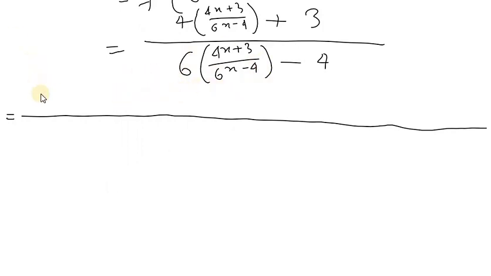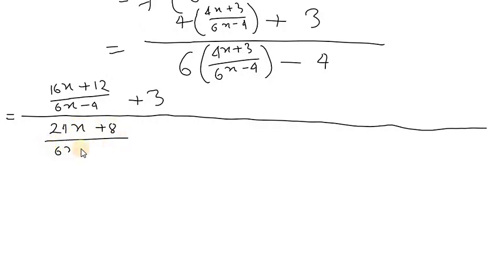So let's try to do it. You have to multiply by 4, so this will be 4 into 4x plus 3, that is 16x plus 12, divided by 6x minus 4, plus 3. Then 6 into 4 is 24x plus 18 divided by 6x minus 4, minus 4.